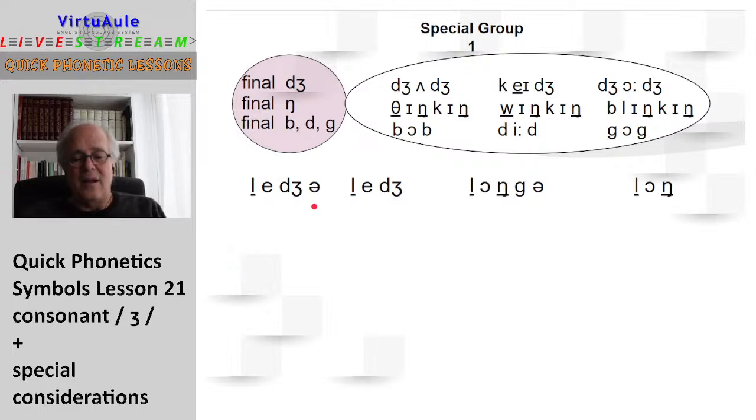We have ledger. You see, we have the schwa sound, ledger, and ledge. Okay, it's important not to make that final sound because it's another word. It's actually another word. Okay, you see it's ledger, ledge, longer, long.